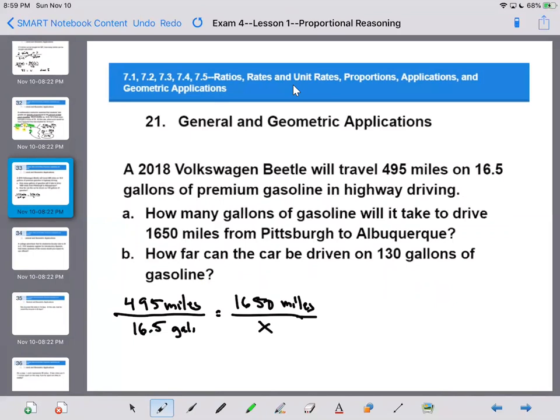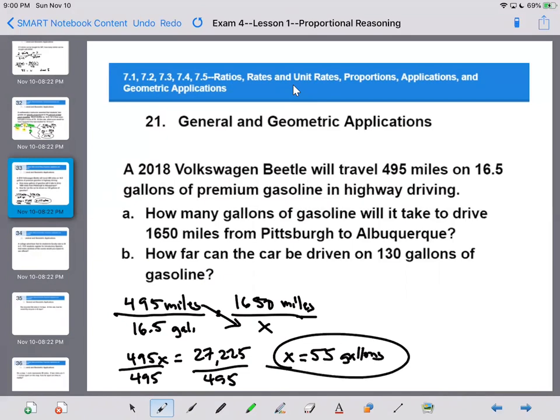So I could say cross products of 495 multiplied by X and 1,650 multiplied by 16.5 would put me at 27,225. If I divide both sides by 495, that's going to put me at 55 gallons.